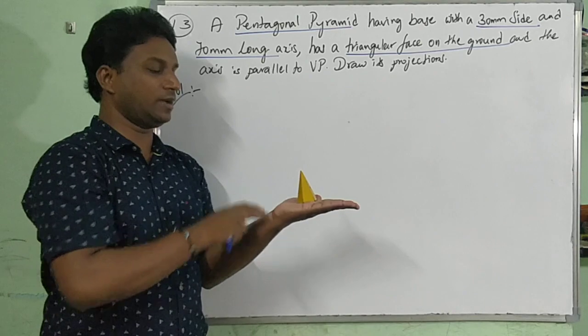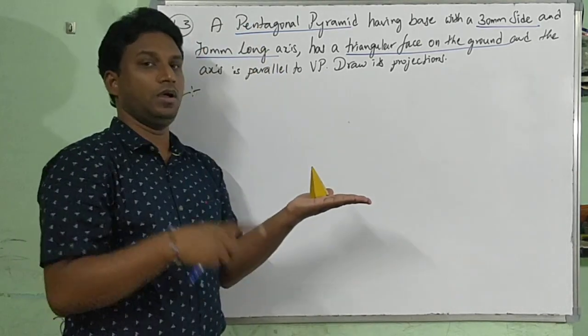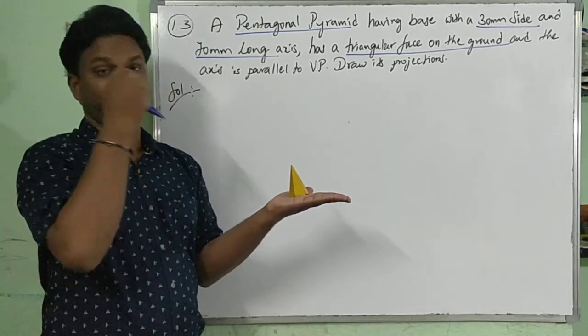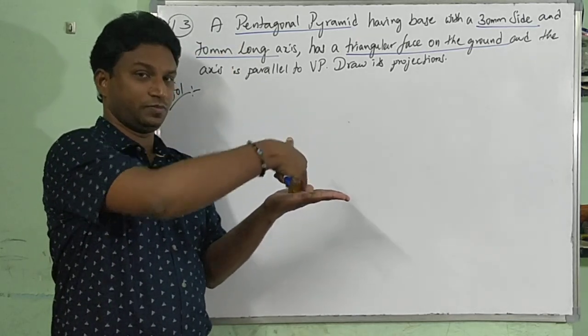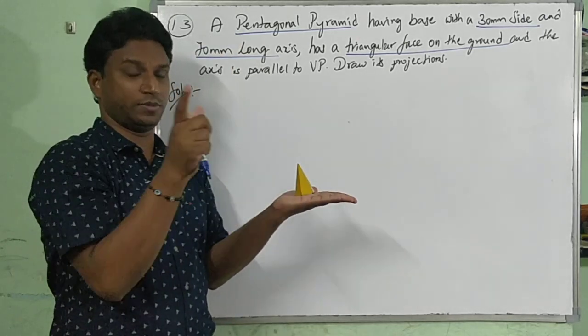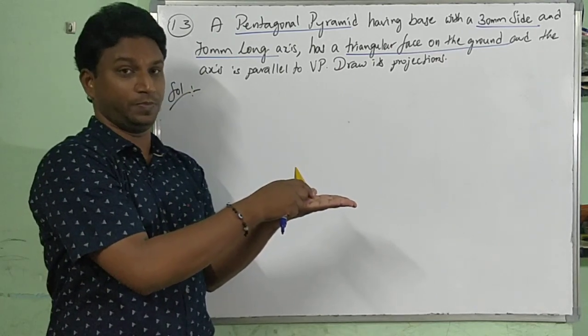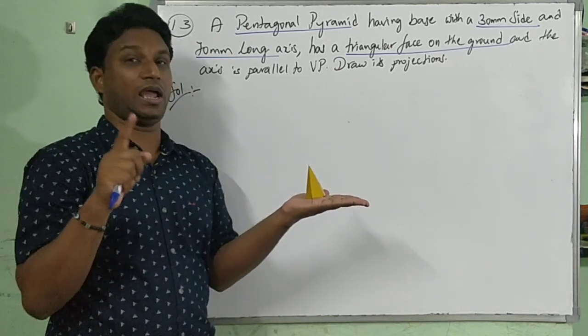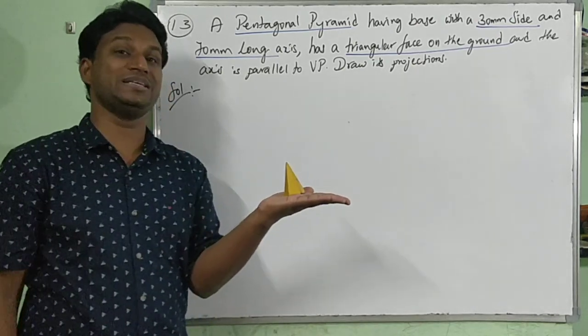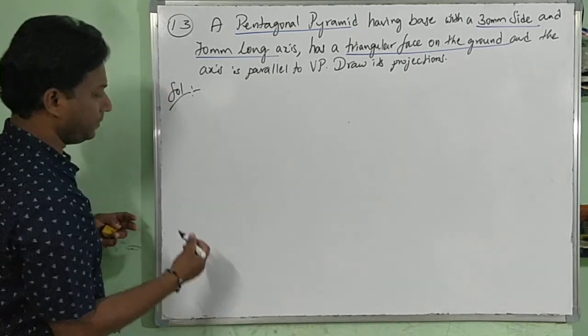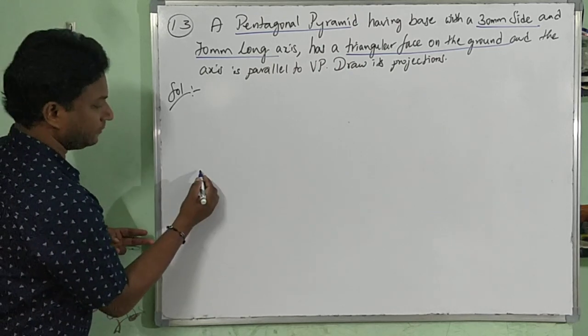So for that purpose I am drawing. Now the top view pentagon: how do I have to draw it? Base shape. See, with respect to a slant edge, a corner, it comes like I explained for the previous problem. Now here, a triangular face comes for a base side or base edge. So for that purpose, once again I am drawing.